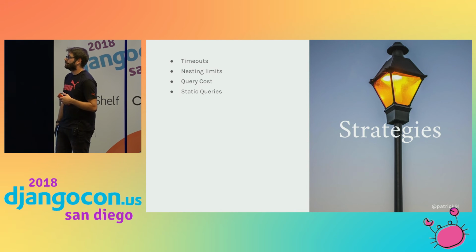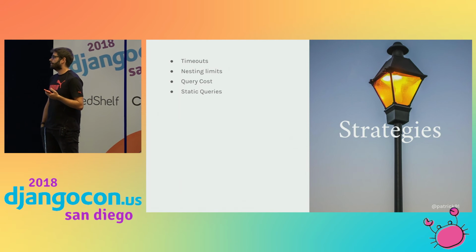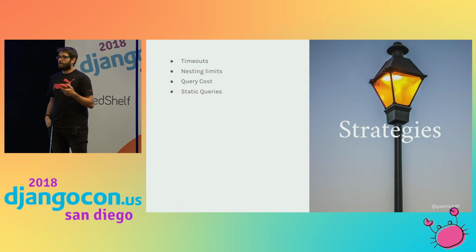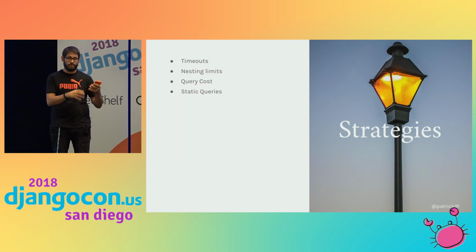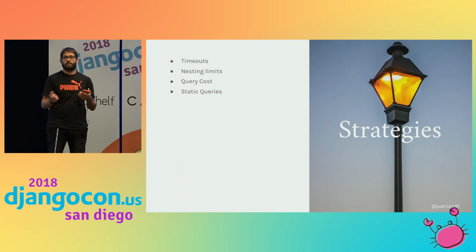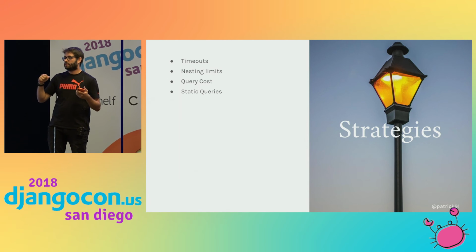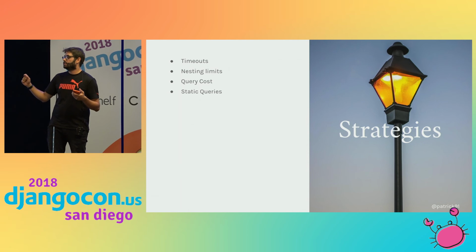And you can also do static queries. It's something that there are few companies doing. I think Instagram is doing it. Basically, since they have control of the whole pipeline, they can build a list of queries they're doing in their application, and save it on the backend either in the database or on files. And the front end is going to send, instead of a JSON document, an ID that corresponds to a query.